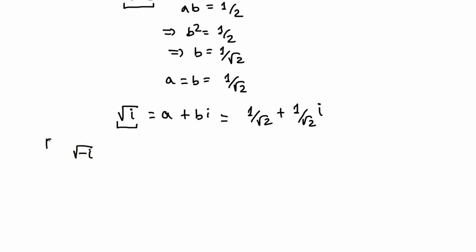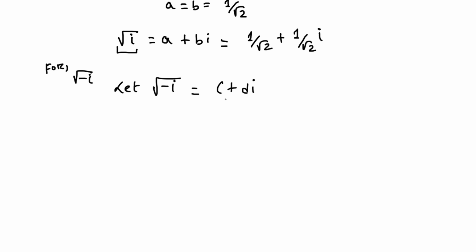Now for root under minus i, let's consider root under minus i equals c plus di. Similarly, here c is the real part and d is the imaginary part. Again, I will square both sides of the equation. So root under minus i whole squared equals (c plus di) whole squared.